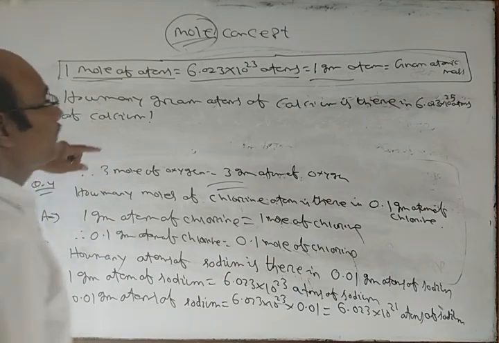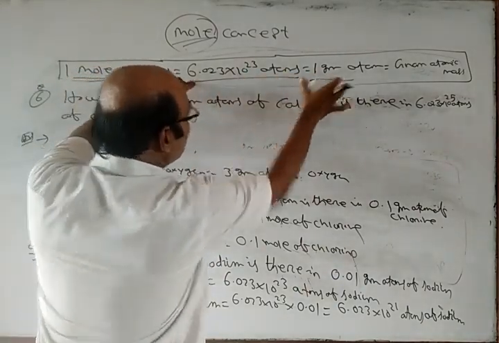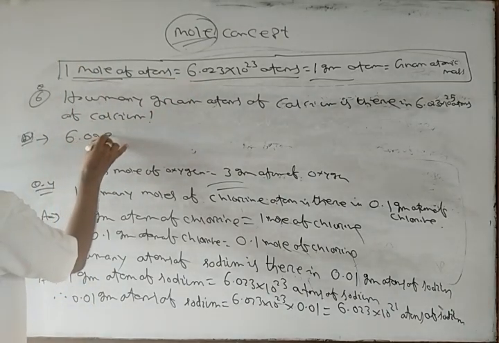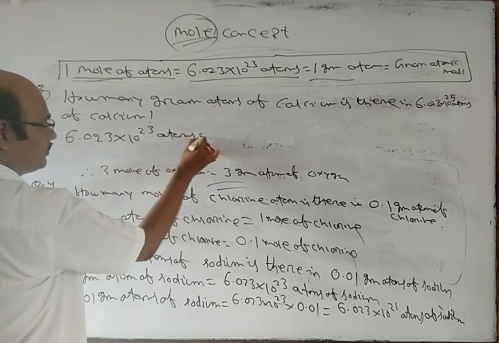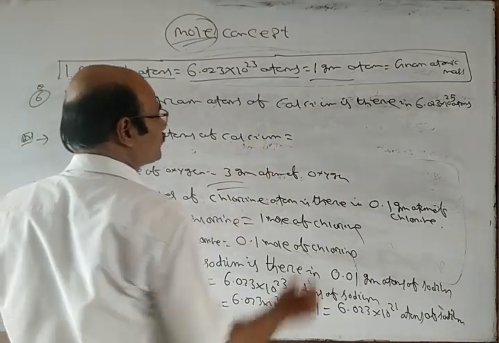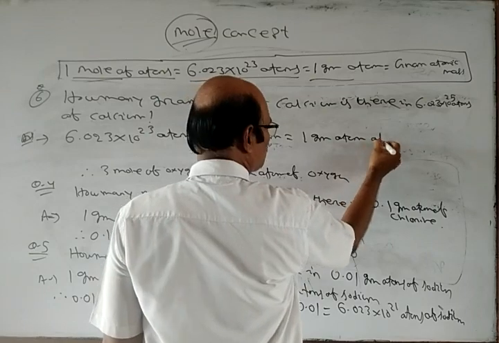See, you know this much of atoms is equal to 1 gram atom. Okay, so we write 6.023 into 10 power 23 atoms of calcium is equal to 1 gram atom of calcium.